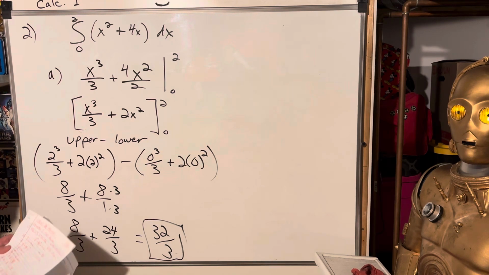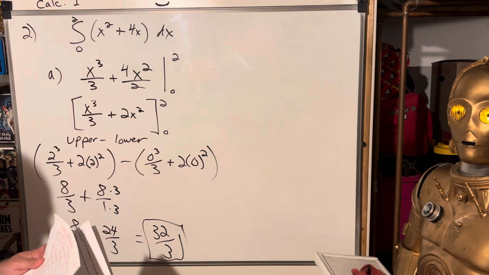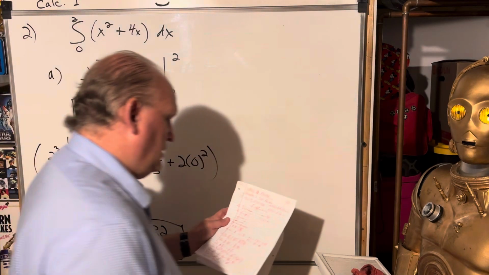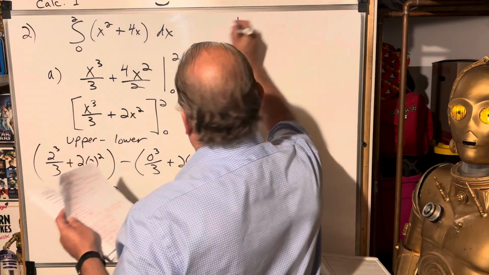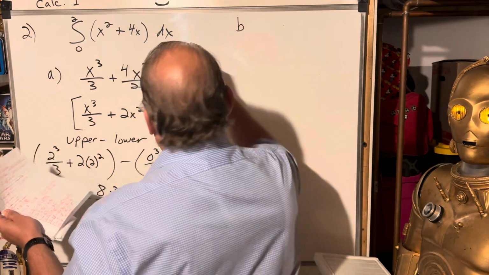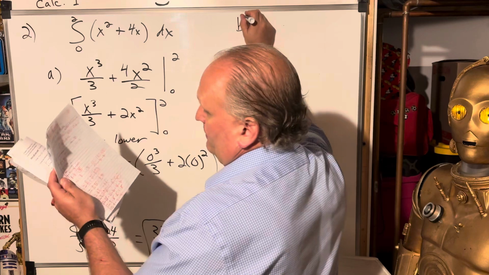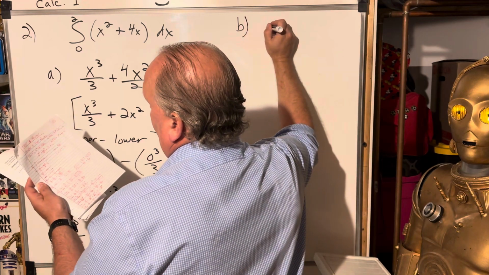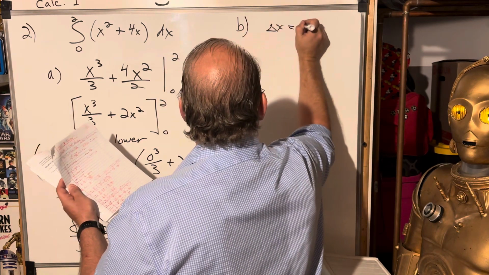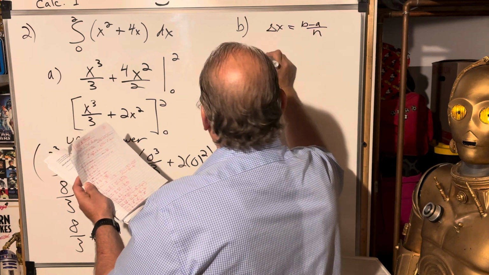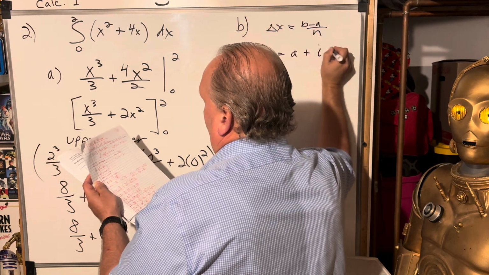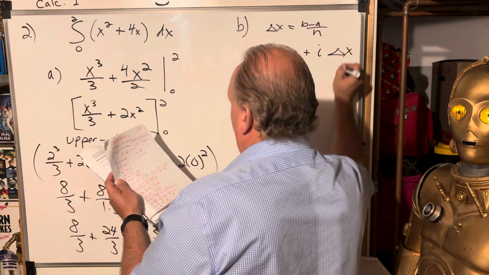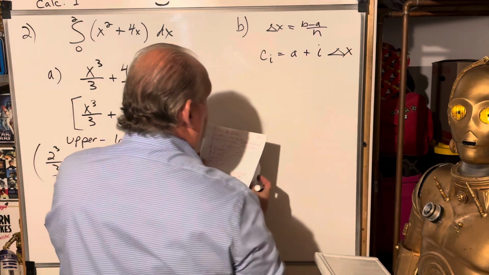All right. So now let's do part B. I can squeeze that over here, and then I'll erase this and do part C right there. All right. So part B, they want the change in x, that is b minus a over n, and they want c sub i, that's a plus i times the change in x, or delta x.